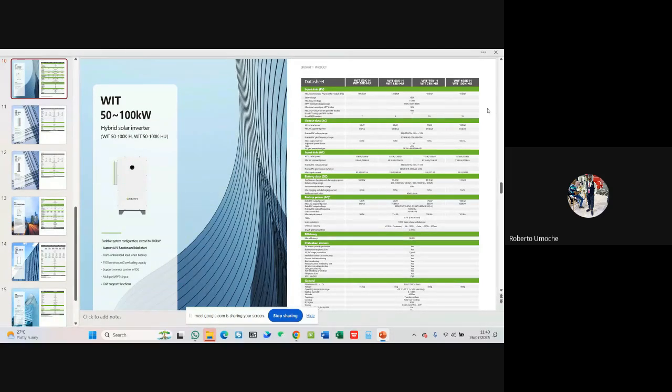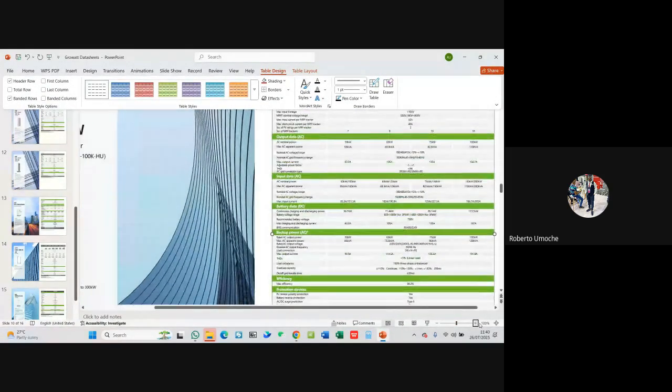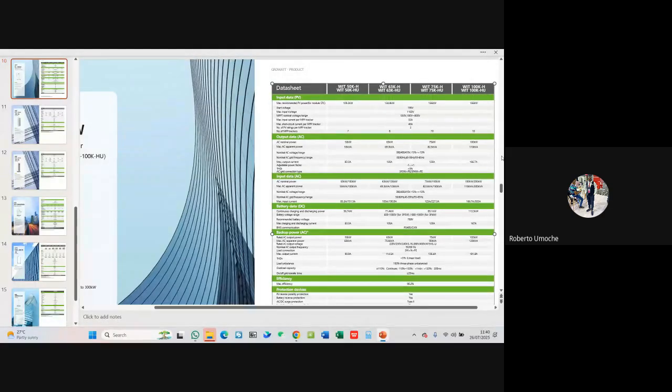So let me quickly run through the data sheet for this particular system. The maximum recommended PV power for modules is 109.2 kilowatts for the 50 kilowatt WIT inverter.